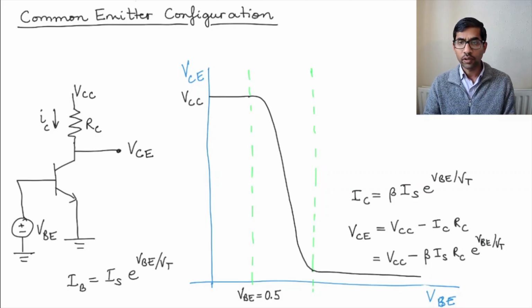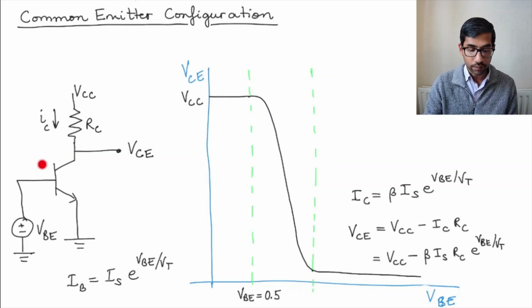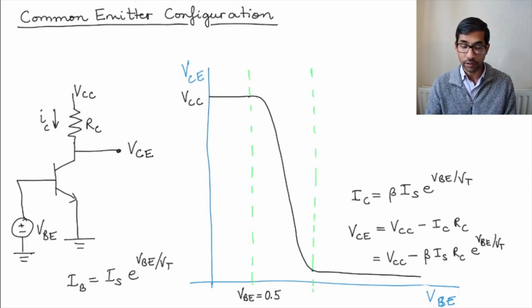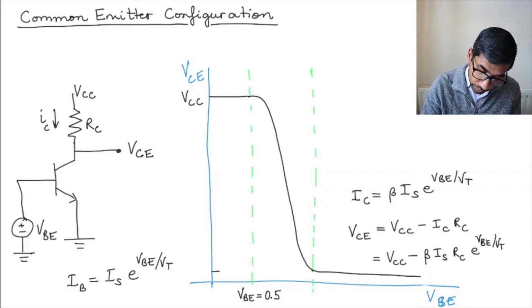And that's what you would expect, because the difference between VBE and VCE is 0.5 volts, which we said was the edge of the active mode. And after that, VCE becomes 0.2, which is the same as the base collector junction voltage being equal to 0.5 volts. So let's just draw this and mark this point as, let's say, 0.2 volts.